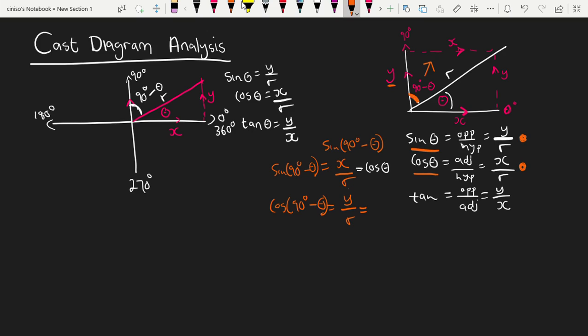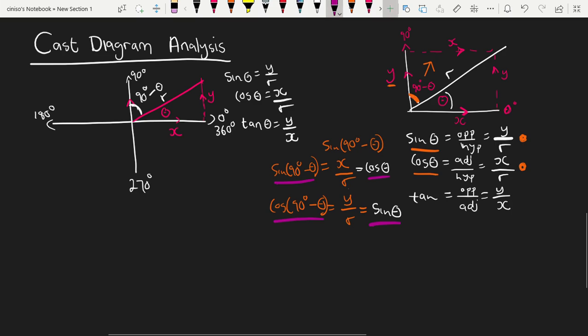So it means that this one will be equal to sine theta. Can you see something that's interesting here? If you check very clearly, sine of 90 degrees minus theta will give you cos of theta. So there's a change of these ratios. They are reciprocating each other. So if you have cos of 90 degrees minus theta, the answer will be sine of theta. See?